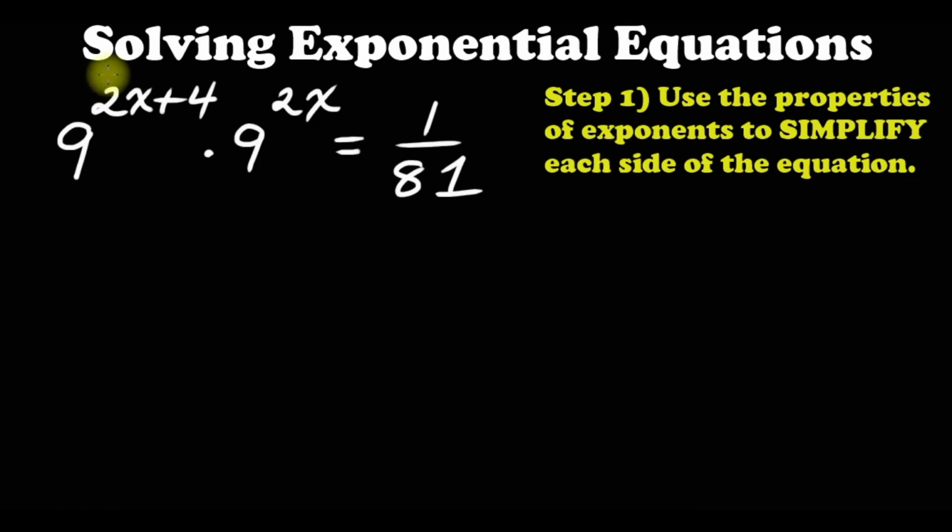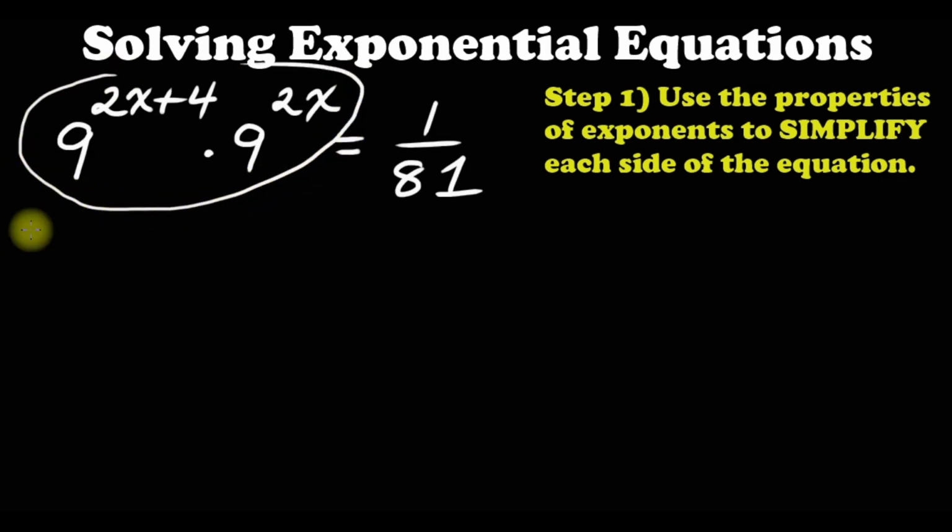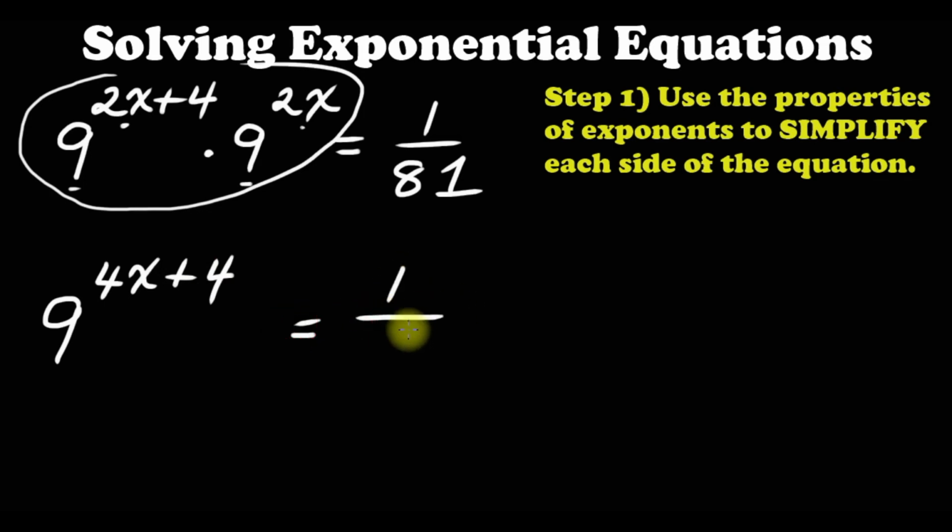So here I would have to simplify the left side of the equation. So I'm multiplying powers with the same base. So I'm going to keep the base 9, and I'm going to add the exponents. So 2x plus 2x is 4x plus 4 is 1 over 81.